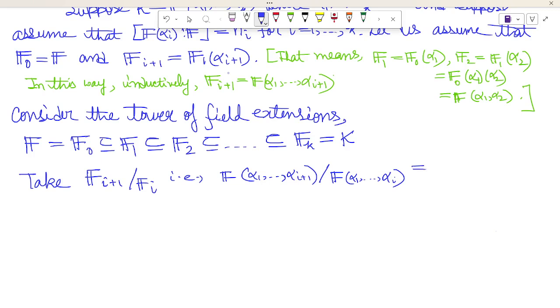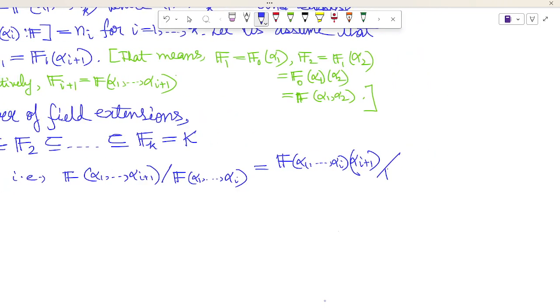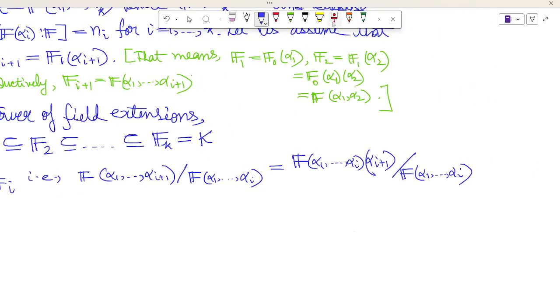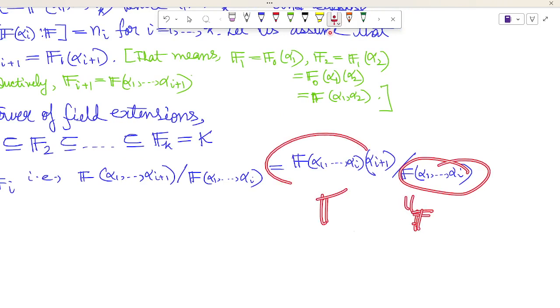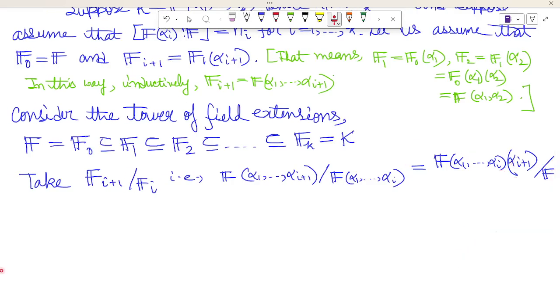But this is actually, what is this? This is actually this extension. If I take this field as F i, then it is F i alpha i plus 1 over F i. Okay? This is this extension.